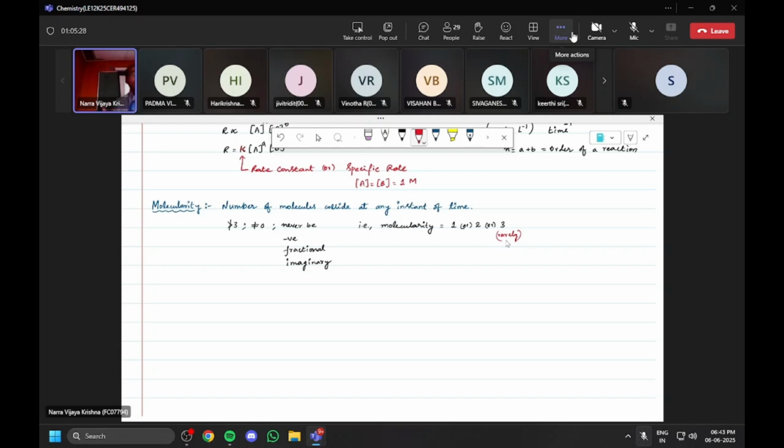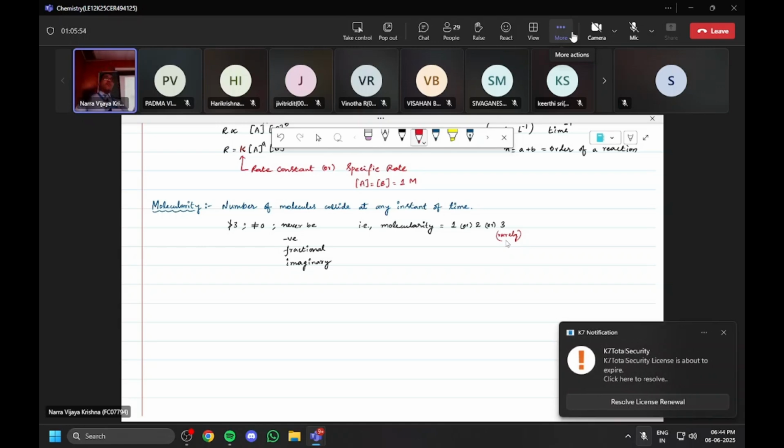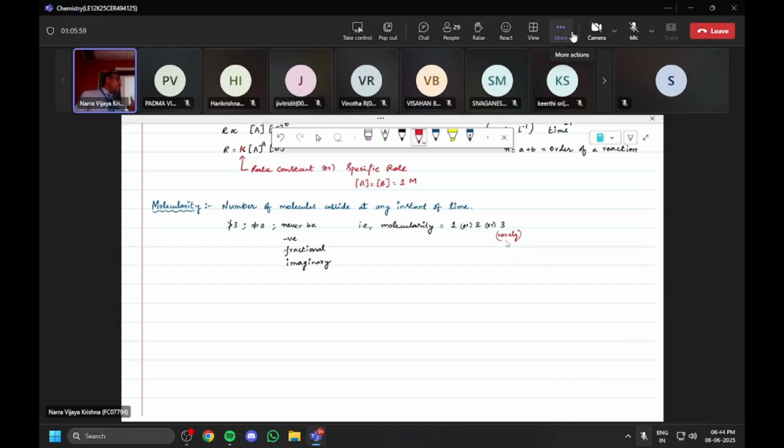So this is about molecularity, right? Clear? When you are calculating molecularity, if and only if the reaction occurs in a single step, then only you can calculate molecularity. If a reaction occurs in a single step, these molecules make collision to form product, over. That is called one step. Then what is molecularity? You are considering two molecules, so molecularity becomes 2. The moment I say something about molecularity, it means I am studying only a single step reaction.